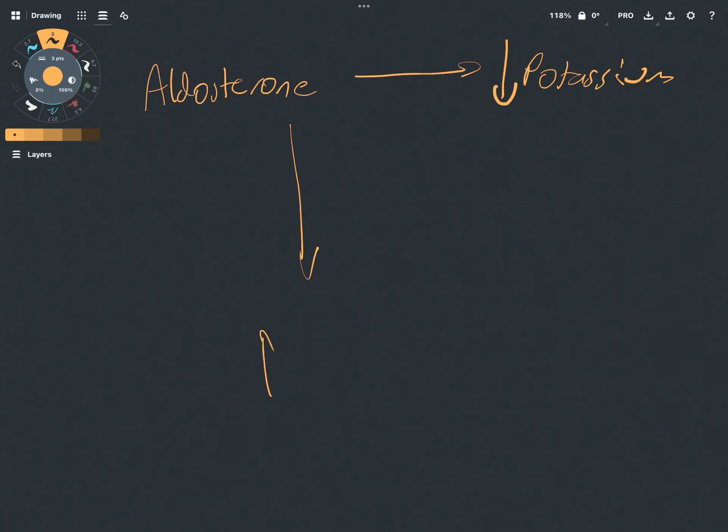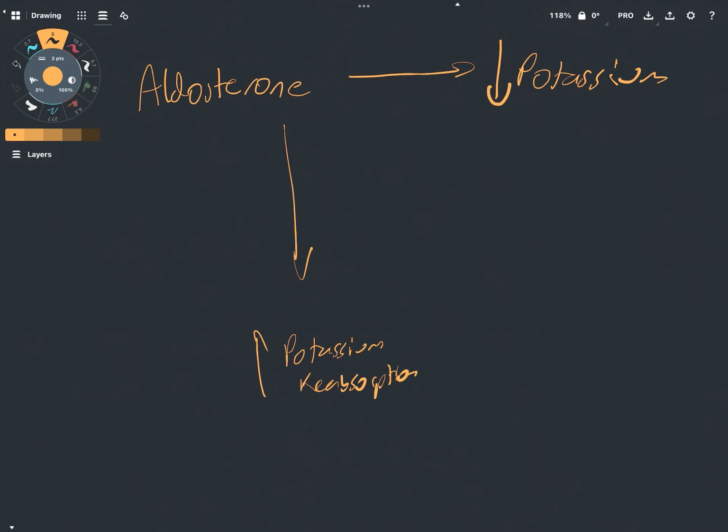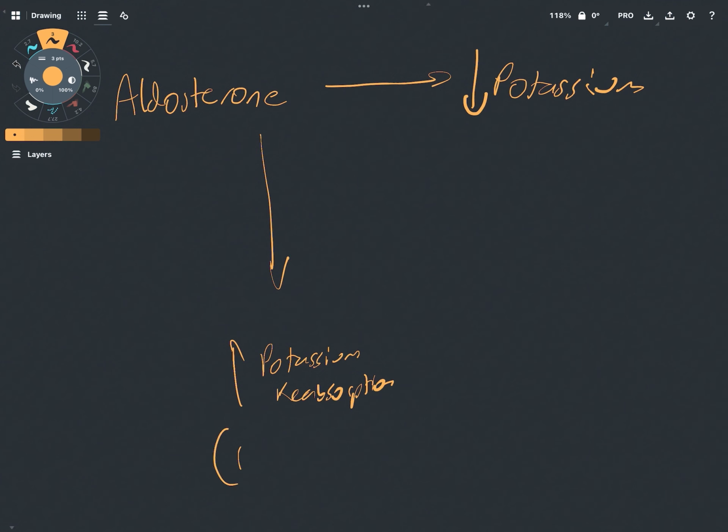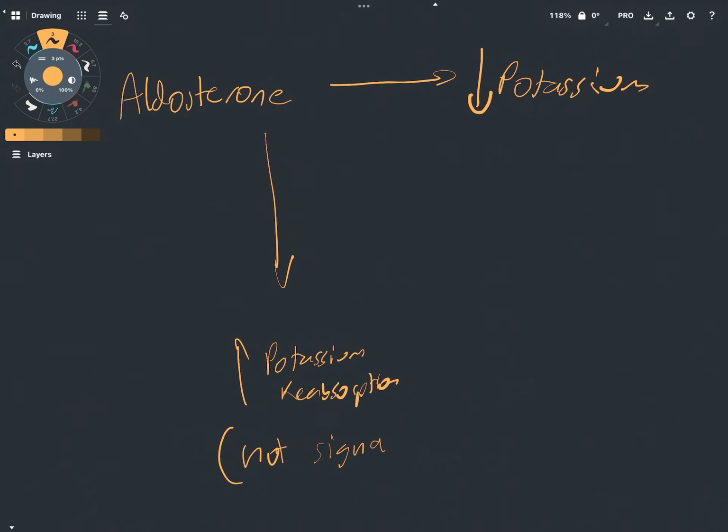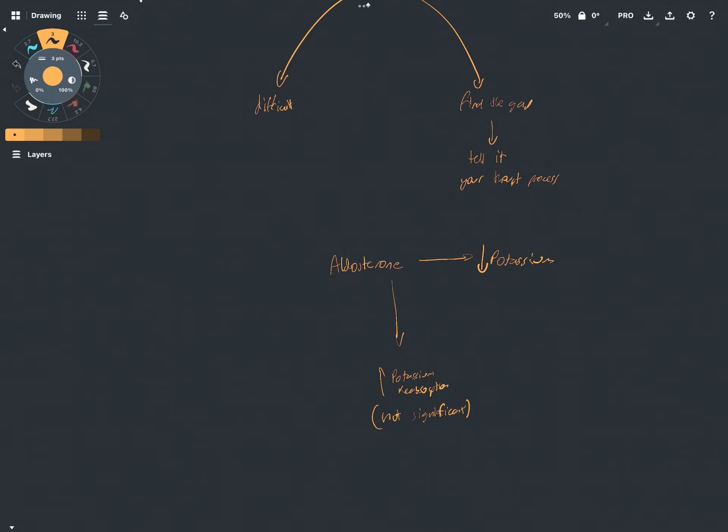Now, because of this misunderstanding, even though I kept seeing the flashcard that said aldosterone decreases potassium, I kept getting it wrong because my fundamental understanding of this subject was screwed to begin with. And so when I finally just showed the flashcard to chat and said, this is what my flashcard says, but this is why I keep getting it wrong.